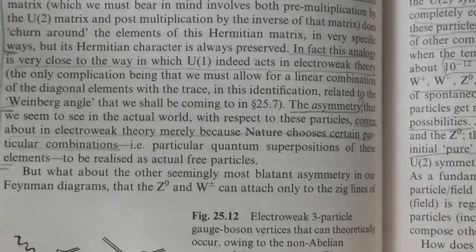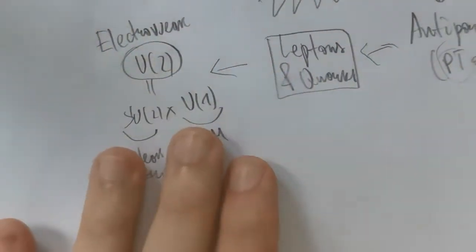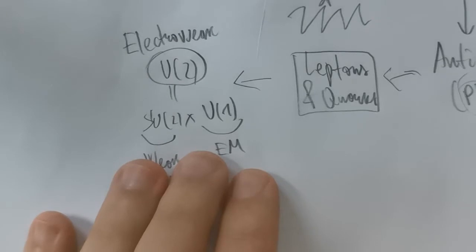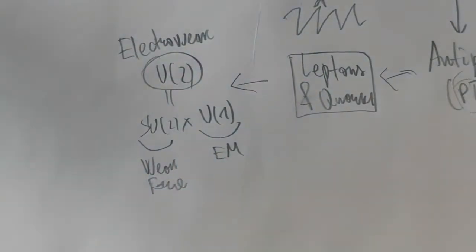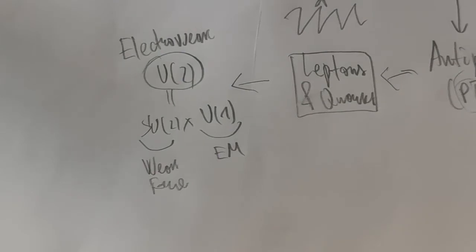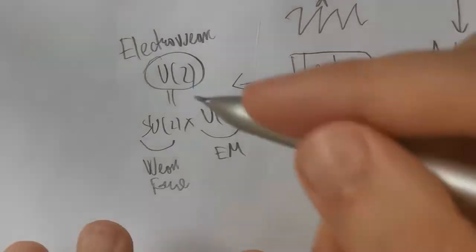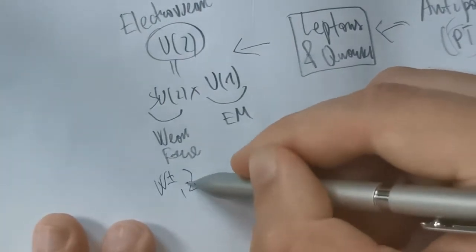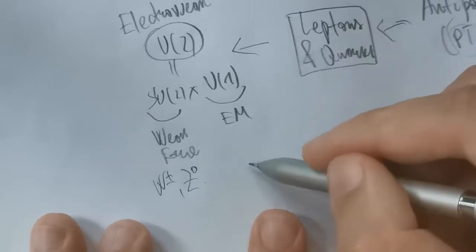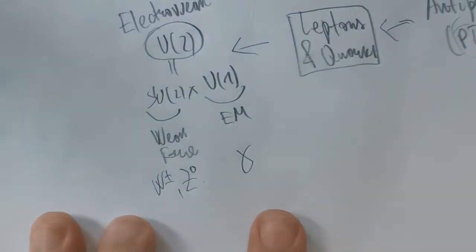The basic information hiding behind that symmetry is that you can take any superposition of the basic bosons. For the weak force we have W plus, W minus and the Z0 boson, and here we have the photon. I think it's denoted with gamma, right?